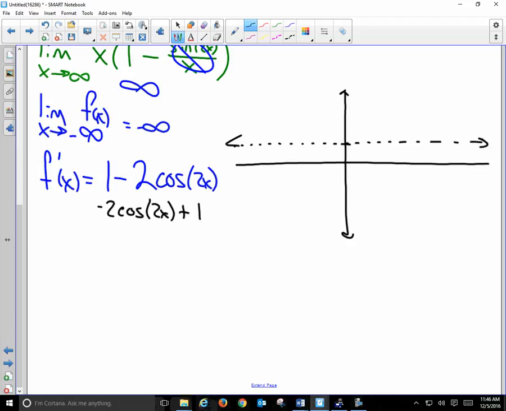And the amplitude is 2, so it's going to go all the way up to 3 and down to negative 1, right? What's the period? 2 pi over 2, which will be pi, or 3.14, right? I divide that in half, I get 1.57. Divide that in half, I get 0.78.